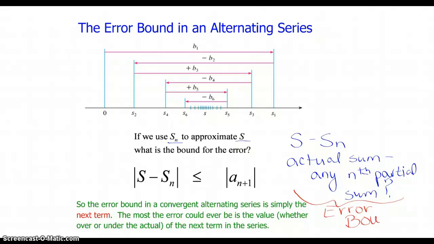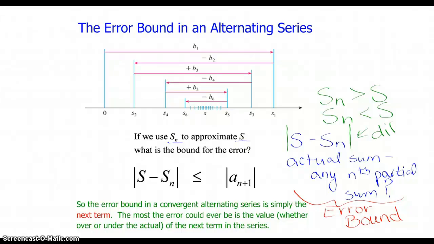That is the biggest the difference, or the error, between our nth partial sum and the actual sum could be. We don't care if it is an over approximation or an under approximation. We don't care if our nth partial sum is bigger than the actual sum or smaller than the actual sum. What we're after is the difference. Whether an over approximation or an under approximation, our error bound is the difference.